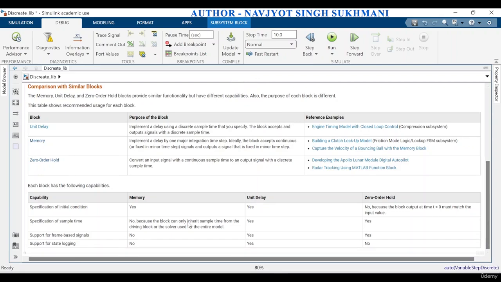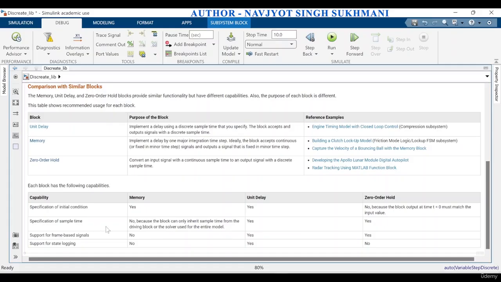Each block has the following capabilities in this table. For specifying an initial condition: yes, the memory block has it and the unit delay block has it, but the zero order hold block does not, because the block output at t equal to 0 must match the input value. For specifying sample time: in memory there is no sample time specification, because the block can only inherit the sample time from the driving block or the solver used for the entire model.